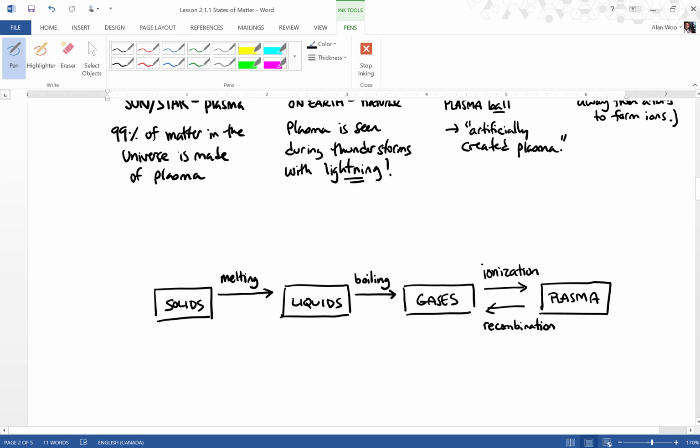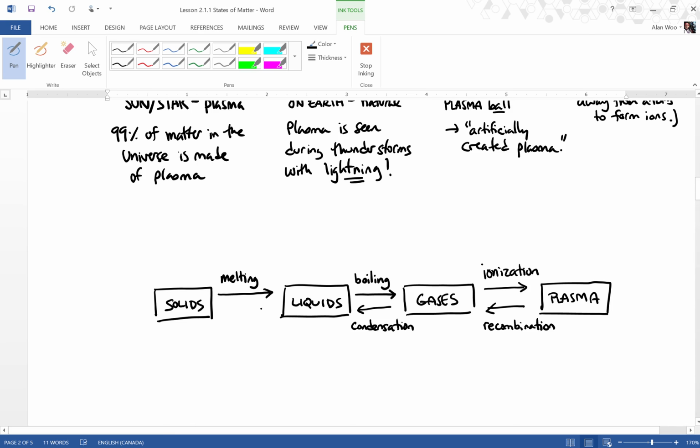But if we can get those electrons back, we actually recombine them with their ions to get your gases back. When you go from a gas to a liquid, that's a little bit more common for you guys. Does anyone know the term? It's called condensation. So when something condenses, it's going from a gas state to a liquid state.